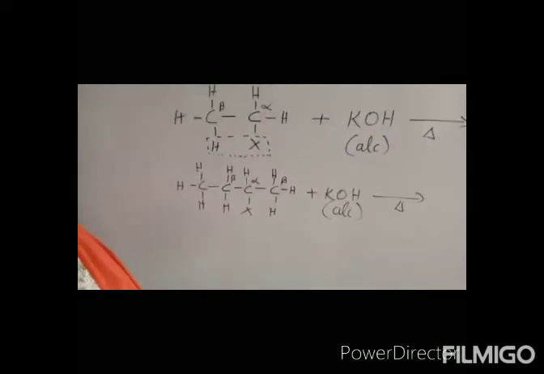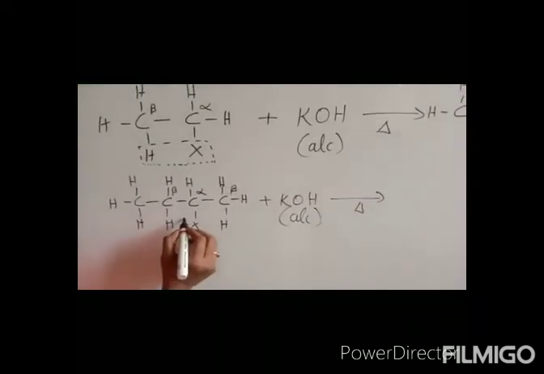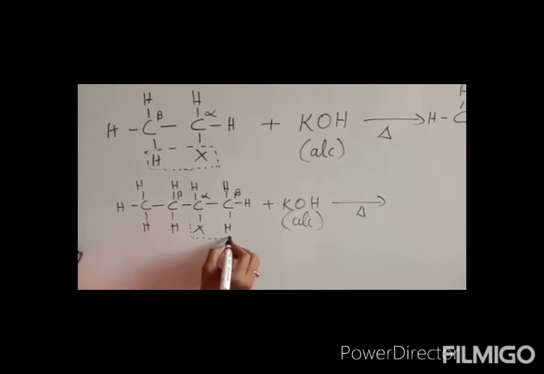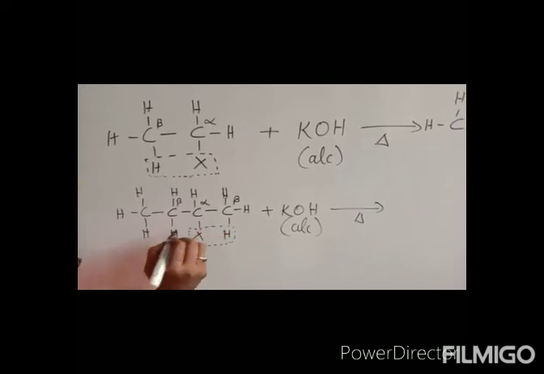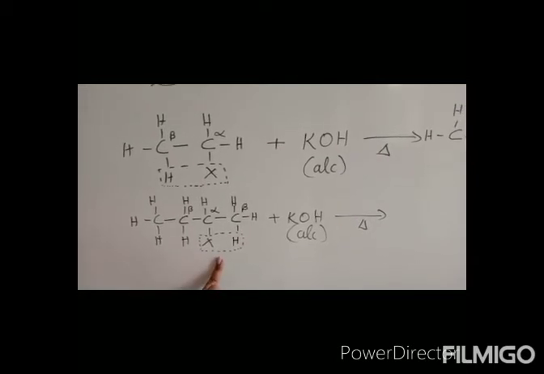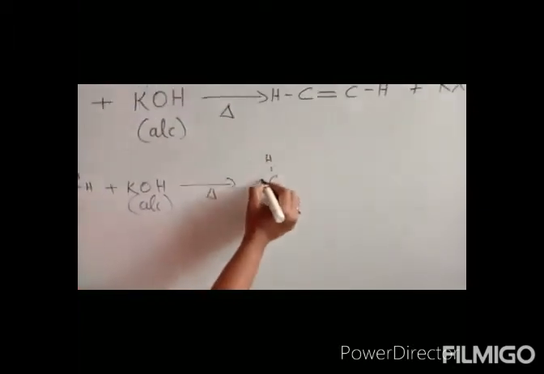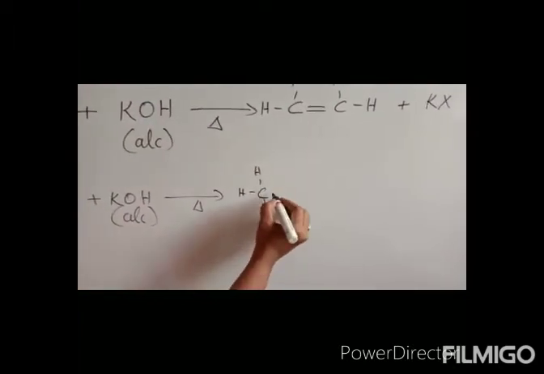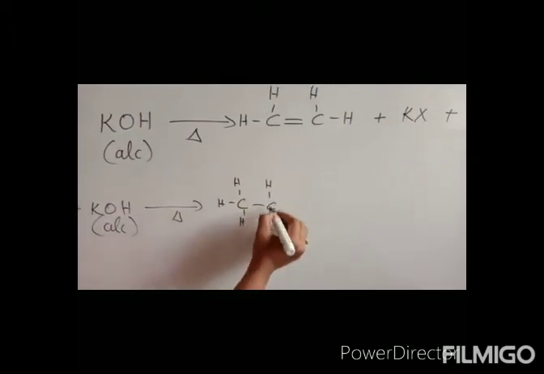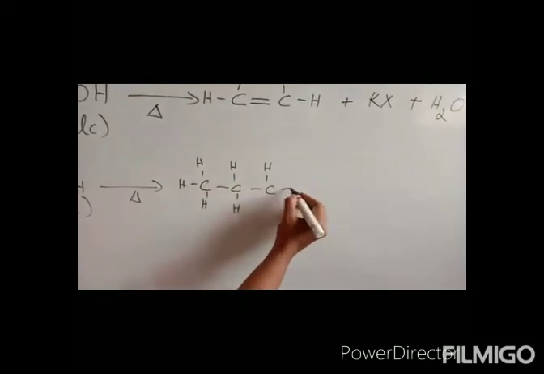Now what happens in this particular case? I have my first option. I can go for the elimination of this hydrogen and the halogen. Yes, of course, this is valid. So in this case, I get the product as CH3, CH2, CH, double bond CH2.